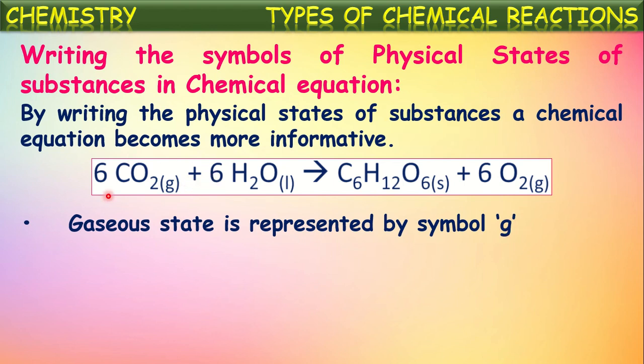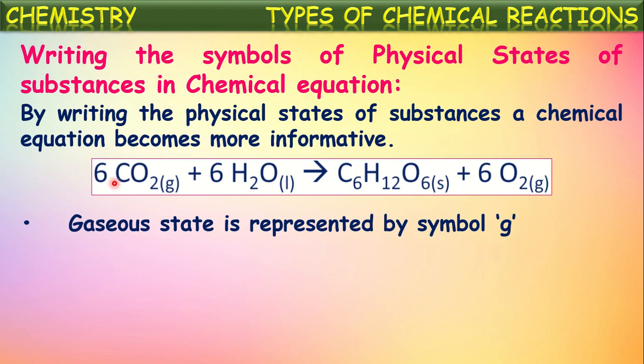In this equation, carbon dioxide which is taken by plants is a gas. So to represent its physical state, G in brackets is used beside the molecular formula of carbon dioxide. This G represents the physical state of this chemical component as a gas.